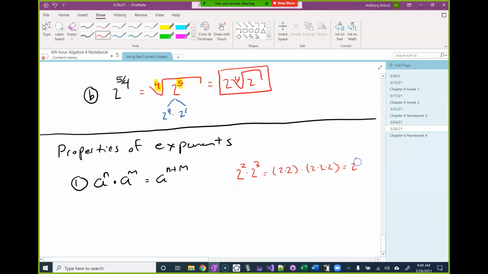That's 5 total 2s, so I'd have 2 to the 5th, which is just 2 plus 3, right? These properties I'm writing down are kind of simple, things that we already know intuitively. I'm just collecting them into a really compact form.